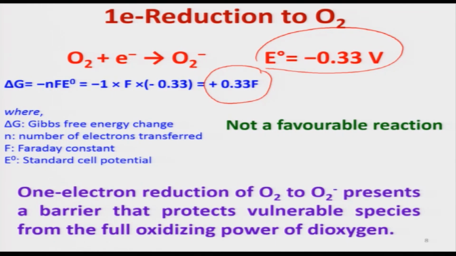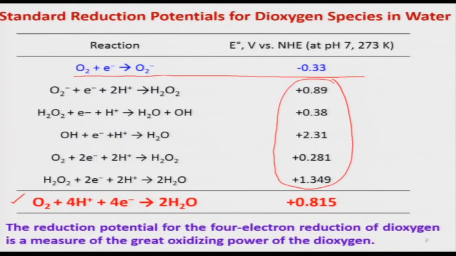So, one electron reduction of oxygen to O2 minus presents a barrier that protects vulnerable species from the full oxidizing power of dioxygen. However, to get the full oxidizing power, this 4 proton and 4 electron have to be given in a concerted way, so that it produces water and this oxidizing power of dioxygen can be utilized.